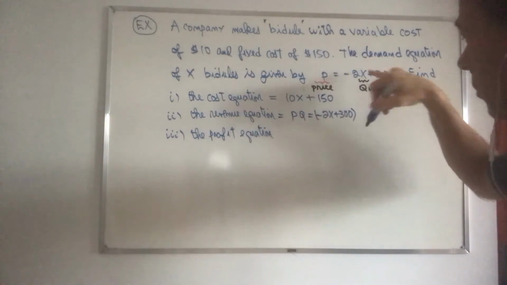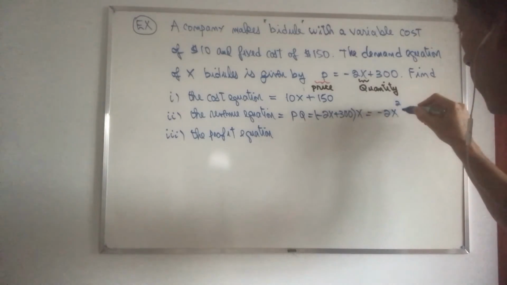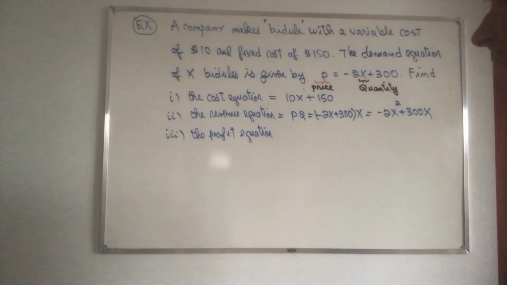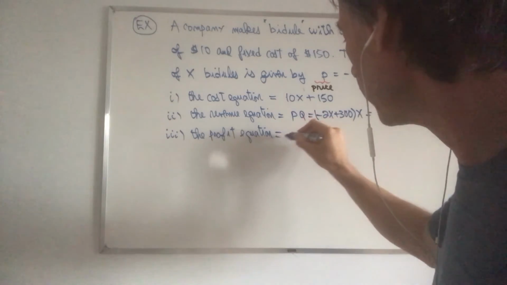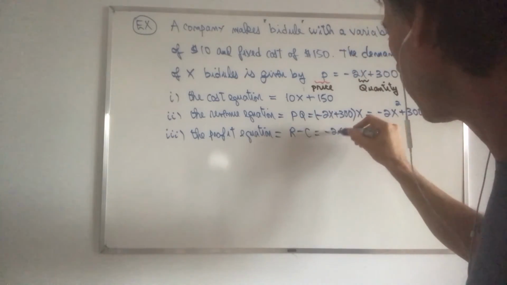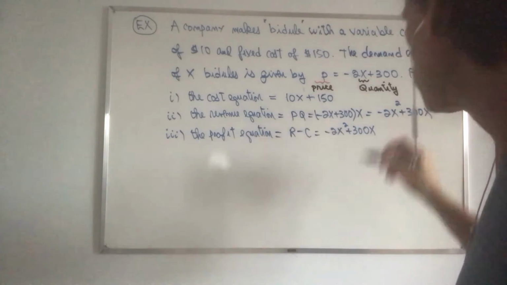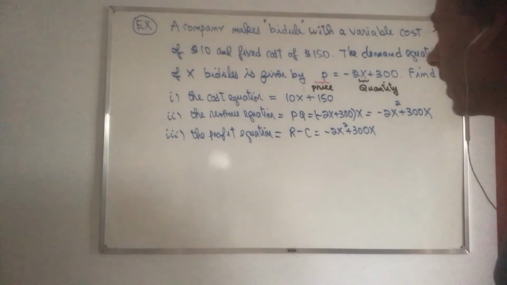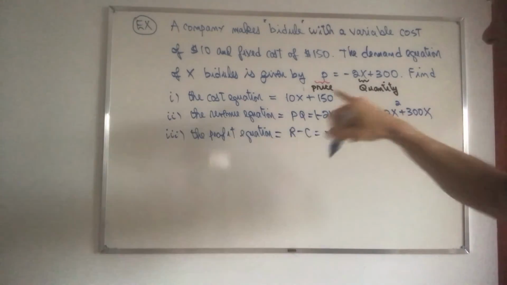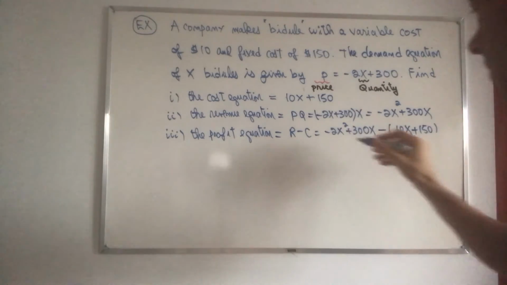P, I have an equation for that, minus 2x plus 300 times Q. Well, we just said that Q is always the quantity, so I get minus 2x squared plus 300x. And finally, profit is revenue minus cost, so revenue minus 2x squared plus 300x minus my cost, which is this 10x plus 150.